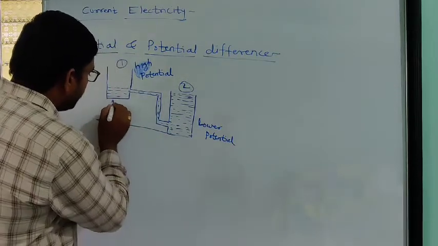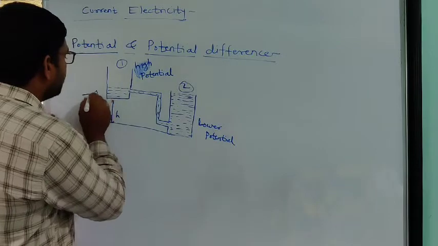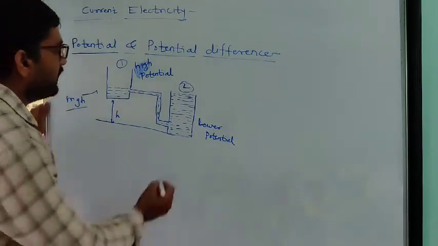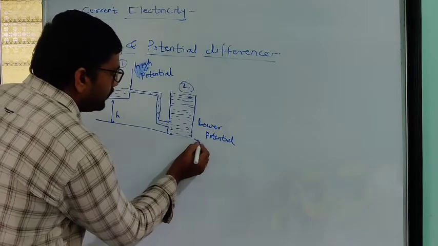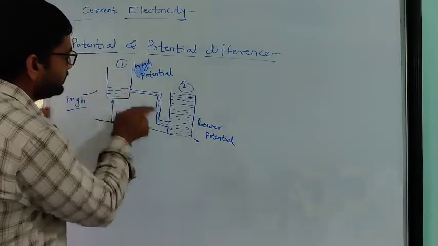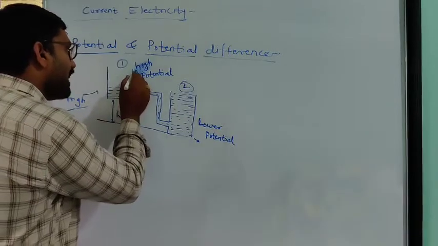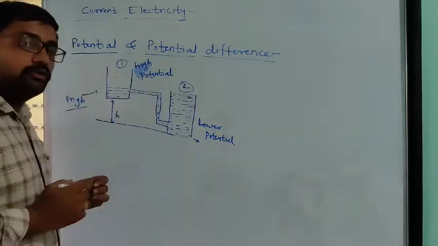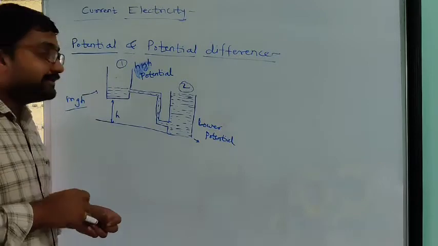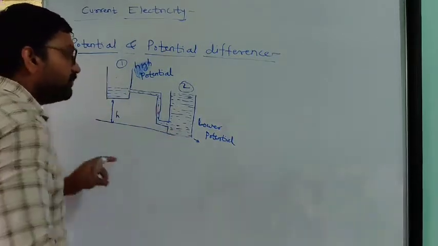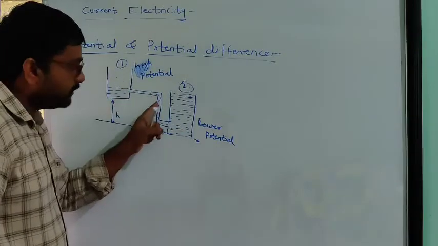This is some height from the ground, so it has higher potential energy mgh, and this is at zero height, so it has lower potential energy as compared to this tank. So this tank has higher energy, and for our convenience we can say that this tank has higher potential as compared to that one.